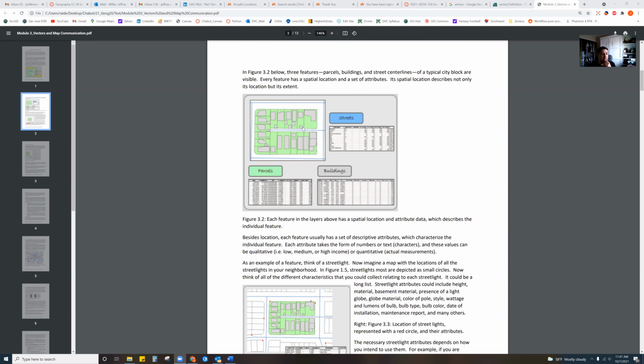I should walk that back. There's three different layers with multiple features in each layer, right? So there's a streets layer with multiple features, with more than one feature, as we could see by the attribute table and on the map itself. Buildings and parcels.